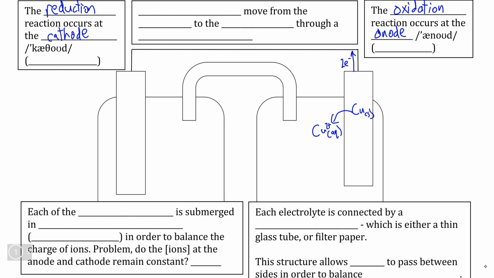Therefore, each of the solid electrodes is going to be immersed within electrolyte, that being an electrically conductive solution, and the electrolyte is going to contain negative ions in order to balance out each of the charges. So in this case, let's just write the electrolyte here.